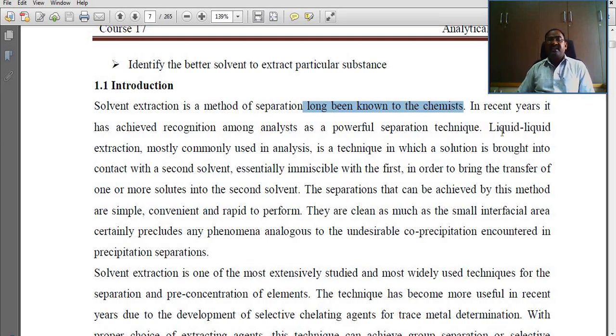In recent years, it has achieved recognition among analysts as a powerful separation technique. Liquid-liquid extraction, most commonly used in analysis, is a technique in which a solution is brought into contact with a second solvent, essentially immiscible with the first, in order to bring about the transfer of one or more solutes into the second solvent.